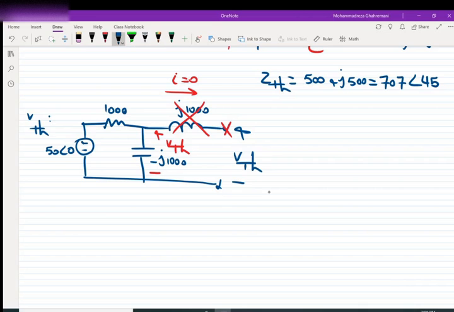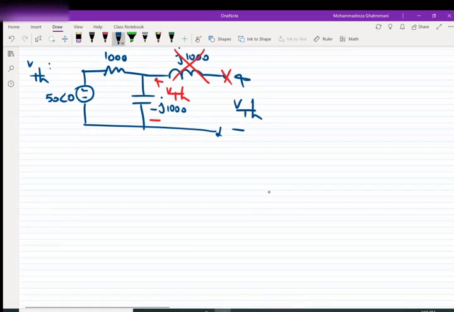So we need to find V Thevenin, which is the voltage across the capacitor. Of course, we can write a KVL here, but there is an easier way, which is voltage division.